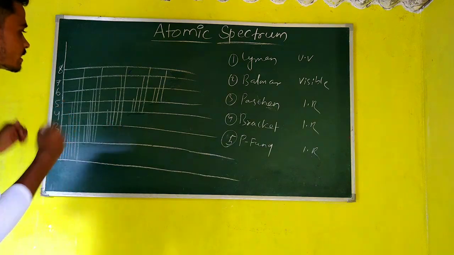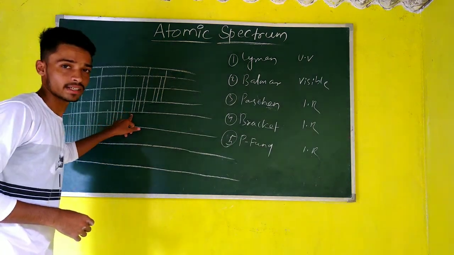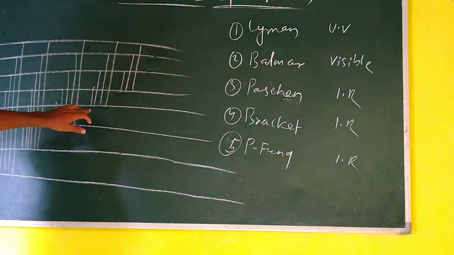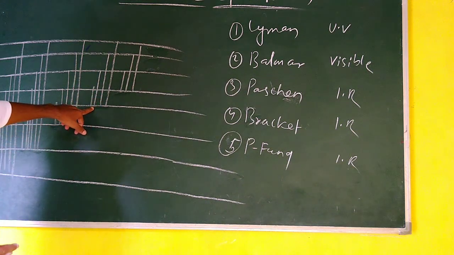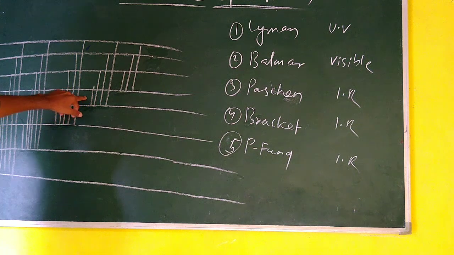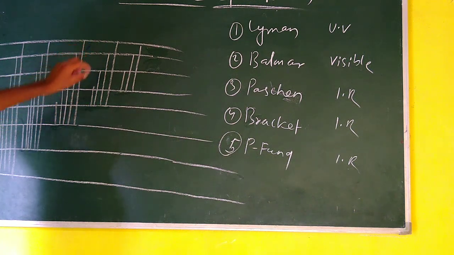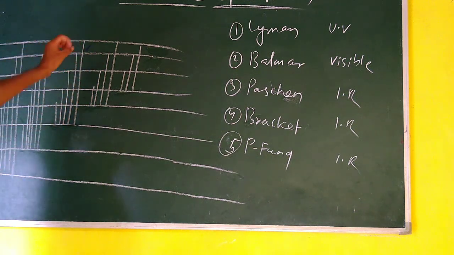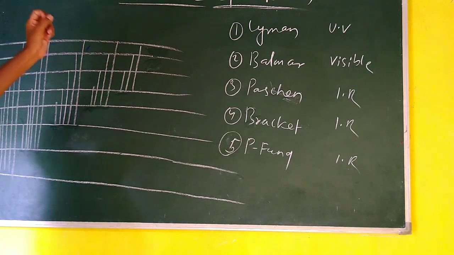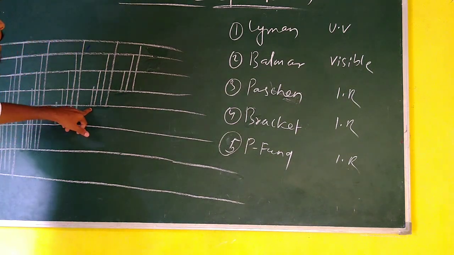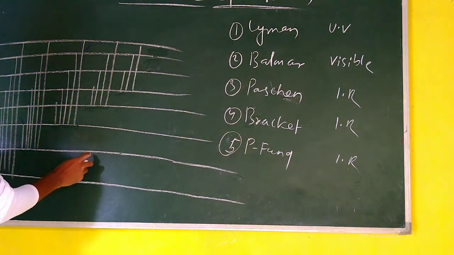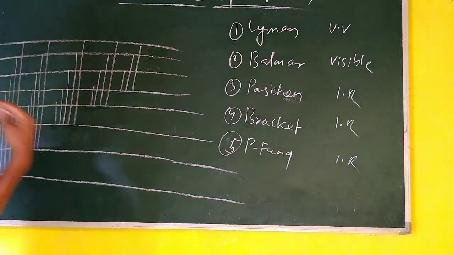In the Brackett series, n1 equal to 4 and n2 equal to more than 4, that is 5, 6, 7, 8, which means electrons jump from any energy level to the fourth energy level. In this, n3, n2, n1 do not work.